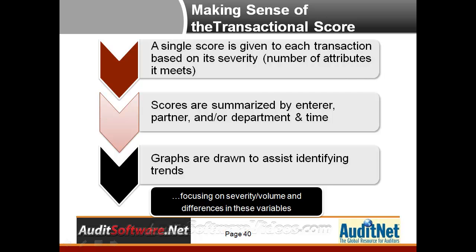But what I've even moved more towards is having a transactional score. So it's not a supplier score, but more of at each transaction level. So if, let's say you had 40 reports, a single score is given to each transaction based on its severity. So the transaction may show up on 20 reports, therefore, it gets that scoring.